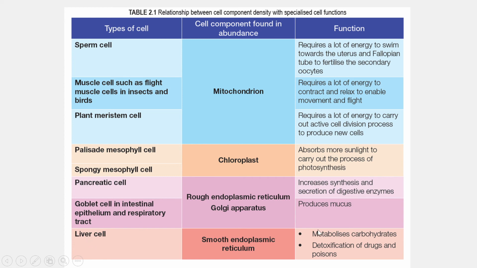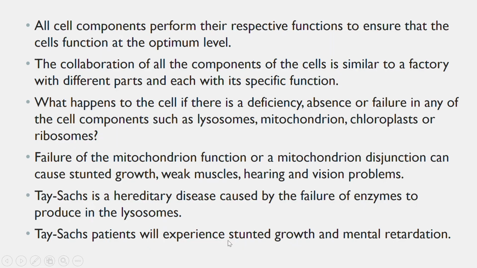It is involved in metabolism of carbohydrates and detoxification, and this smooth ER is also found to do the same job, and therefore it is found abundantly in these liver cells. Okay, so this one is in your textbook. You can read further about this.